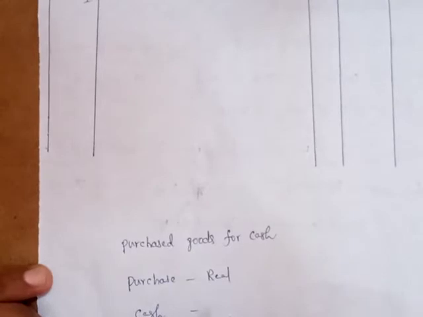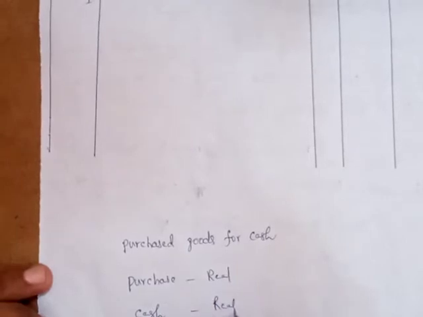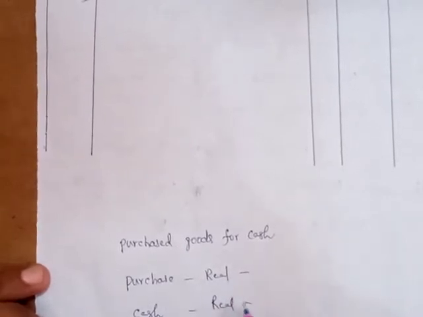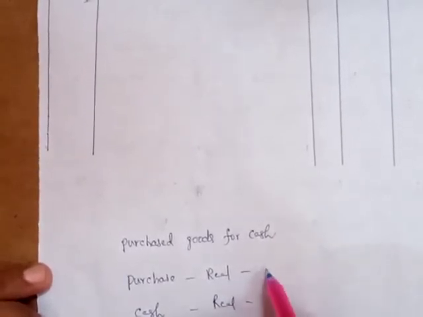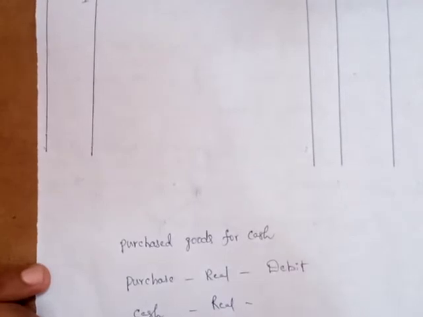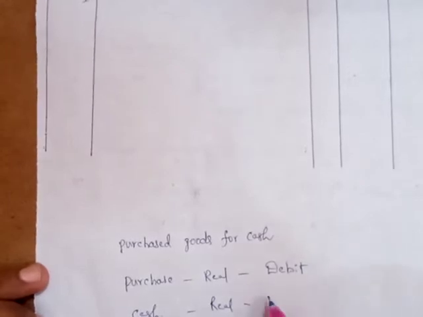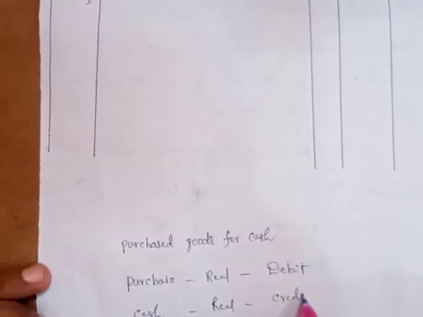Because we purchased goods. That's why it's a goods or assets. That's why it's a real account. So cash also real account. When we purchased goods, goods will come into the business. According to real account, what comes in, that will be debit. And cash, when we purchased goods for cash, cash will go out from the business. So according to real account, what goes out, that will be credit.